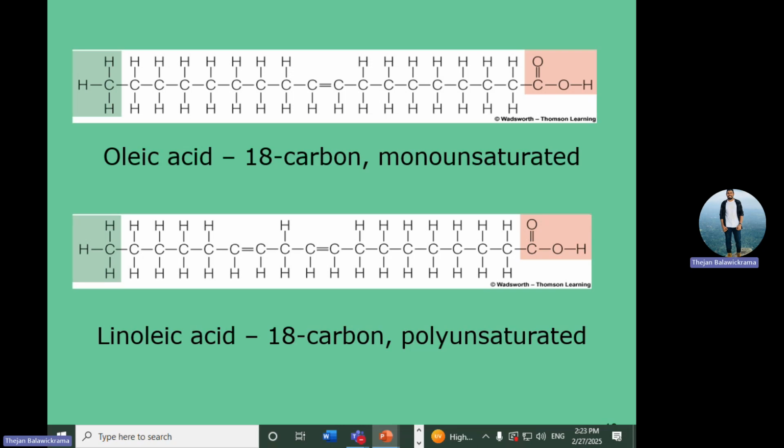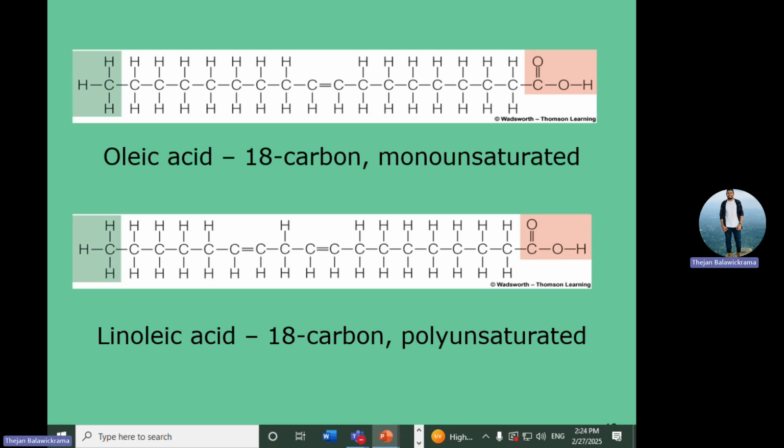But it has more than one CC double bond. That is polyunsaturated.